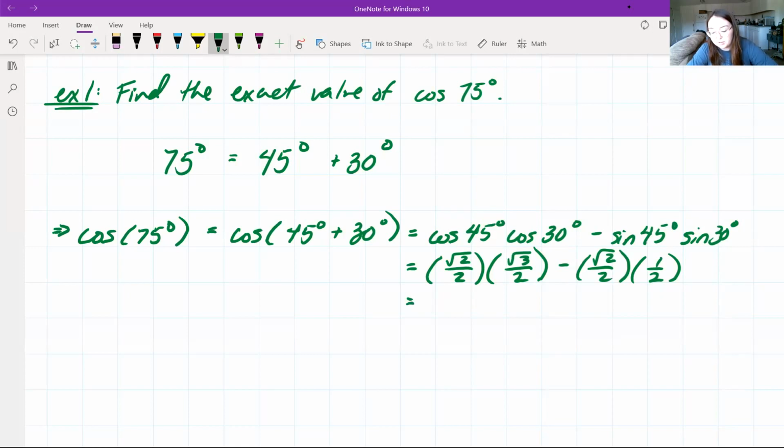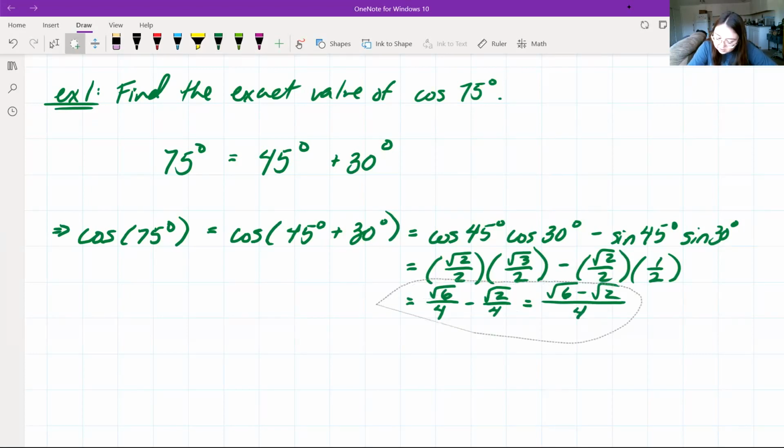So then we just want to simplify. The square root 2 over 2 times square root 3 over 2 is going to give us the square root of 6 over 4. Then the square root of 2 over 2 times 1 over 2 is going to give us the square root of 2 over 4, which when we simplify, just simplifies down to the square root of 6 minus the square root of 2 all over 4.